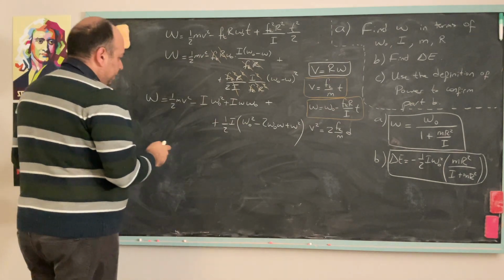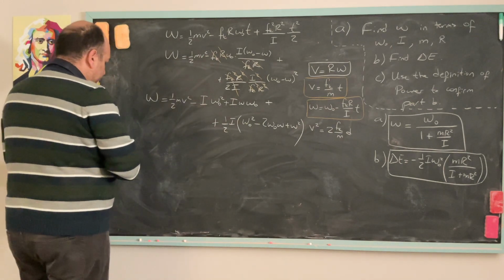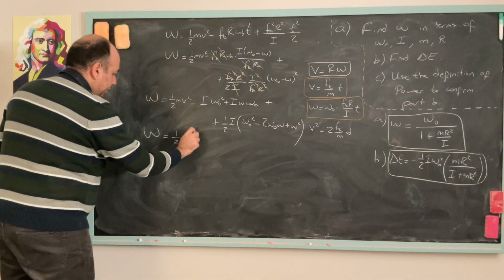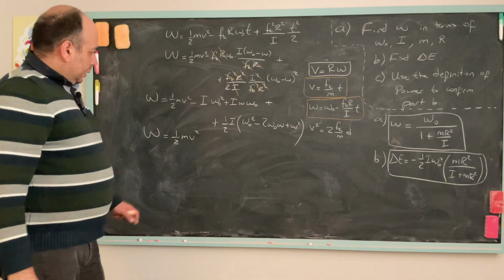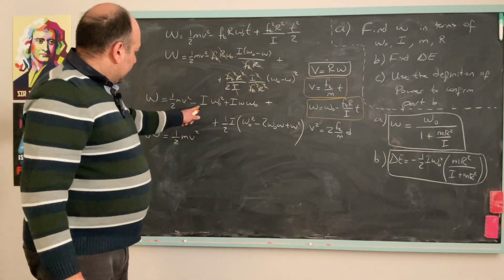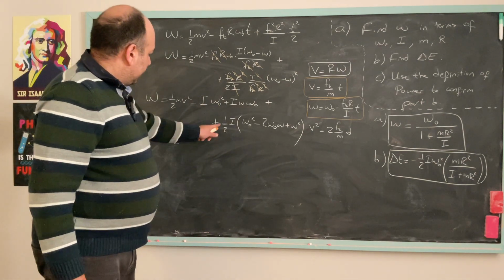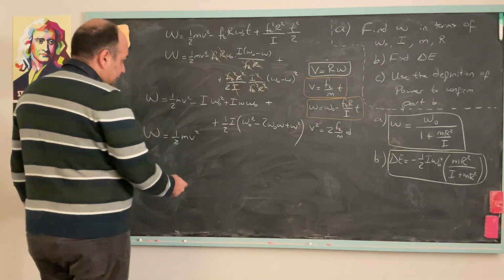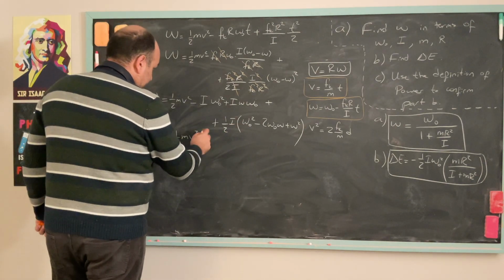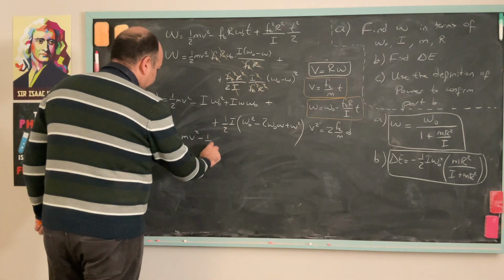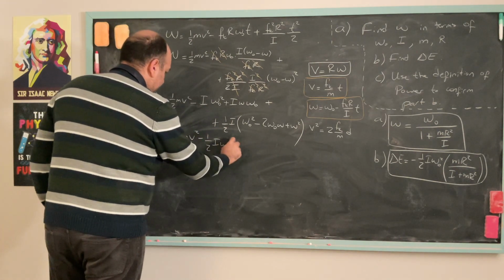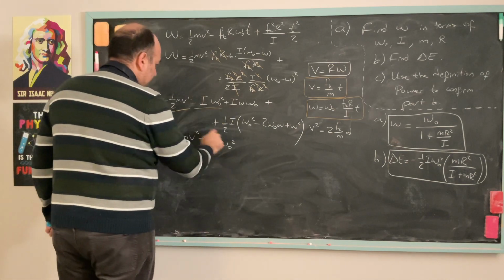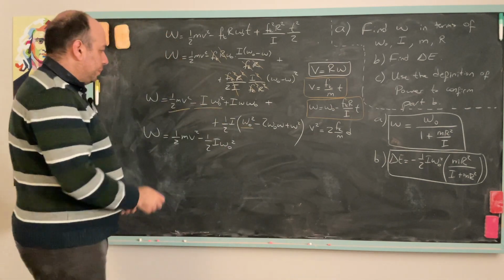Can further simplify that. The work done is simply equal to 1/2 mv squared. Well, I have minus I omega naught squared here, and I have plus 1/2 I omega naught squared here. So this is going to be simply equal to minus 1/2 I omega naught squared. So I got this term, I got this one, and I got that one.